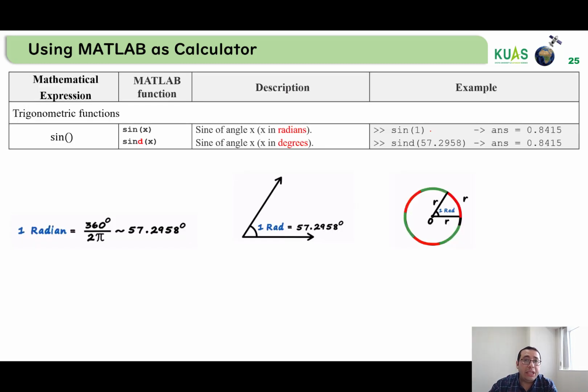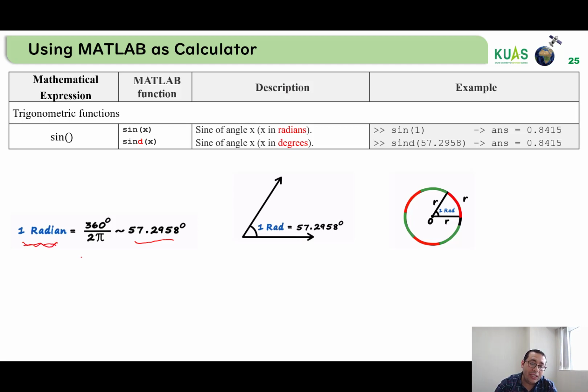So not only the previous functions we know, like pi, square root, or factorial, we have other trigonometric functions. We use the angle. For example, let's consider the sine, and let's also consider the relation between the radian and degree. We know from high school that the angle could be defined in radian or degree.